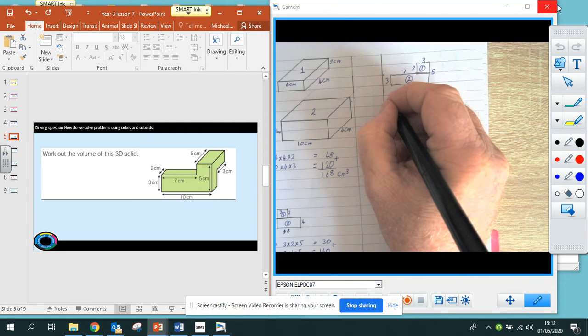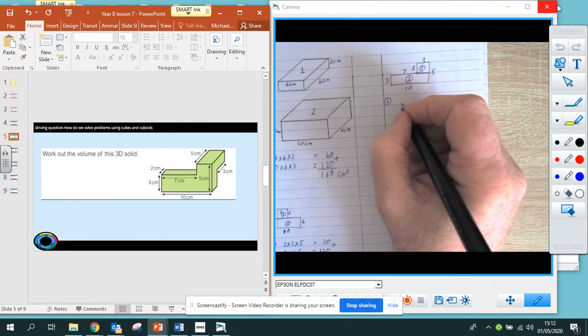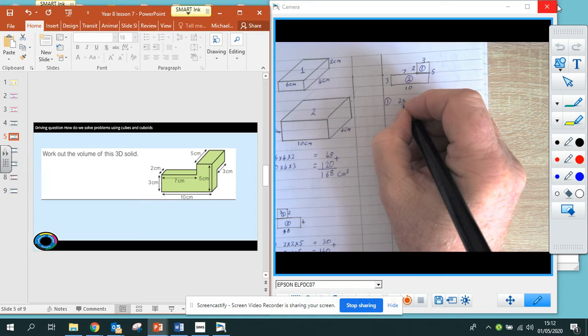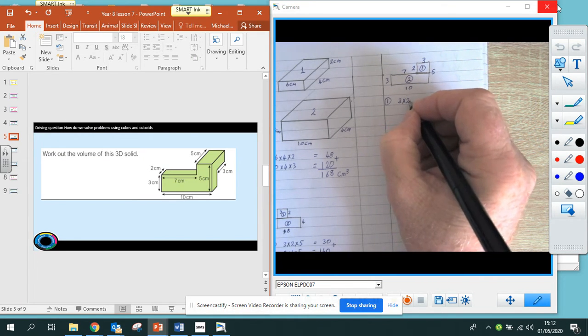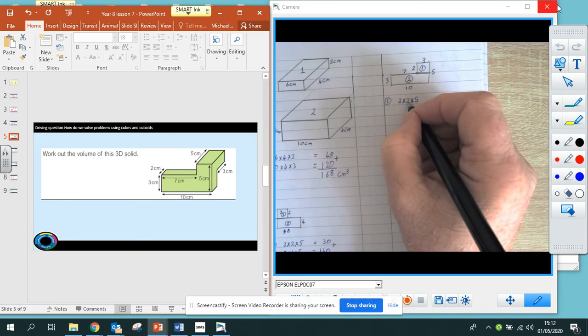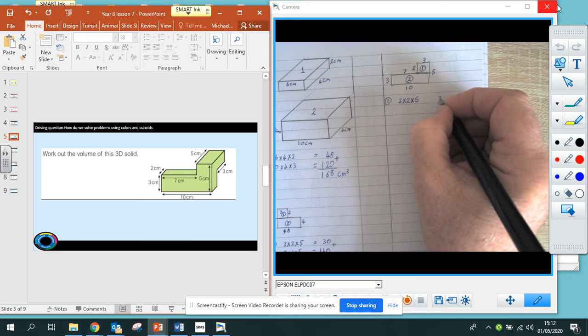So shape 1 is 3 times 2 times 5. 3 times 2 is 6, times 5 is 30.